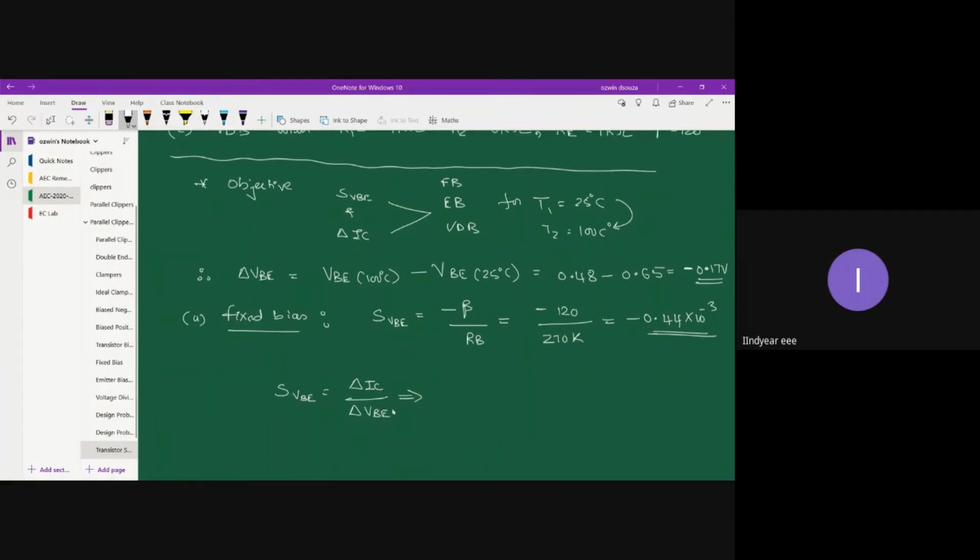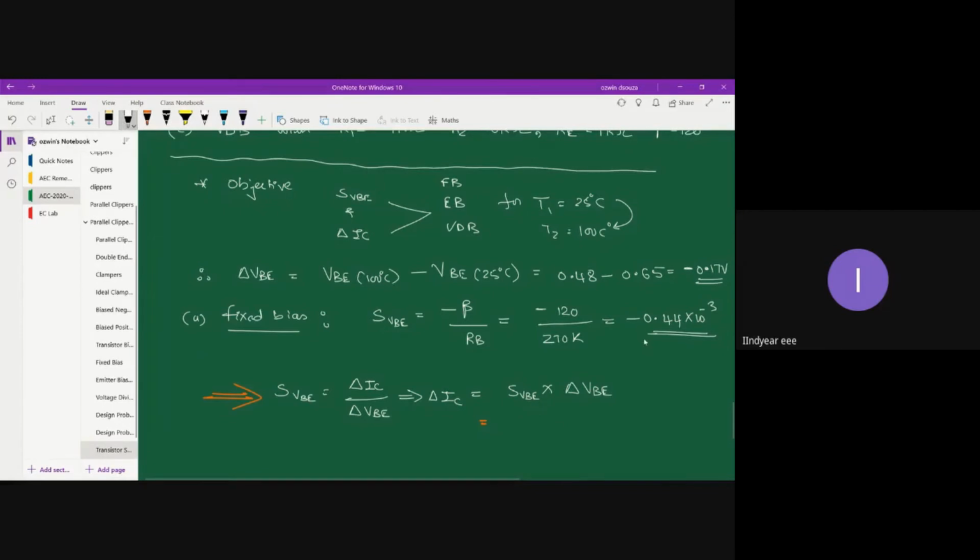So that implies your delta IC or change in collector current can be found simply by multiplying the stability factor with change in VBE. So this is the formula which we use to determine the delta IC.